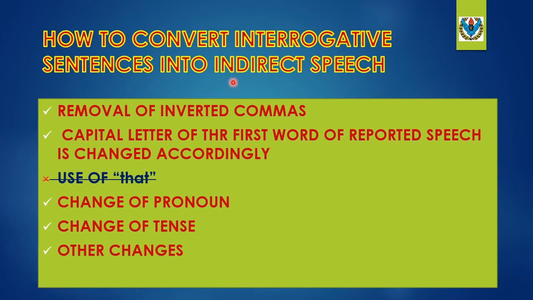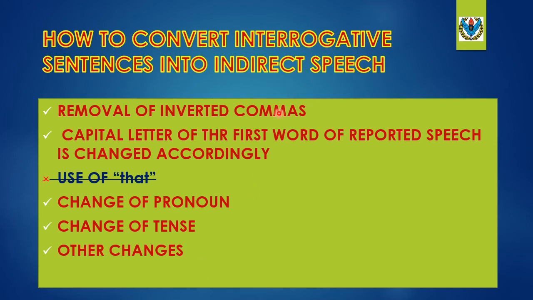For the sake of simplicity, you should remember the previous steps that we used to follow while converting assertive sentences. Let's have a look at them. We used to remove inverted commas, we used to change the capital letter accordingly, we used to use that. But here, when we are converting interrogative sentences, we won't use that. We will change the pronoun, we will change the tense, and other changes will also be made.